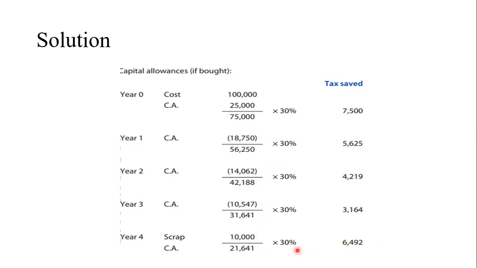Now in the final year, like we saw in the previous example, the tax written down value is 31,641, and there's a scrap value of 10,000. You can see that the 31,641 is bigger than the 10,000, and so this becomes a balancing allowance.